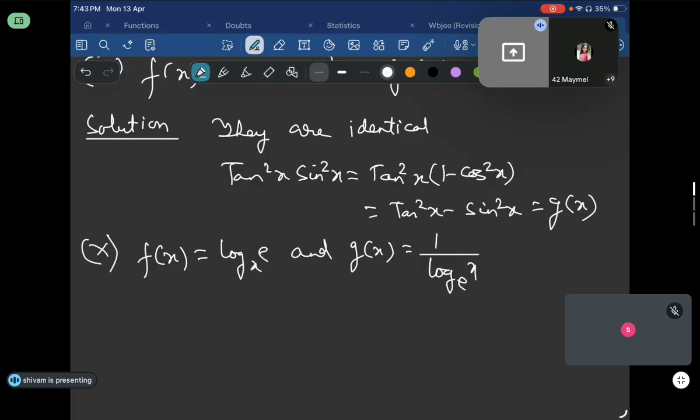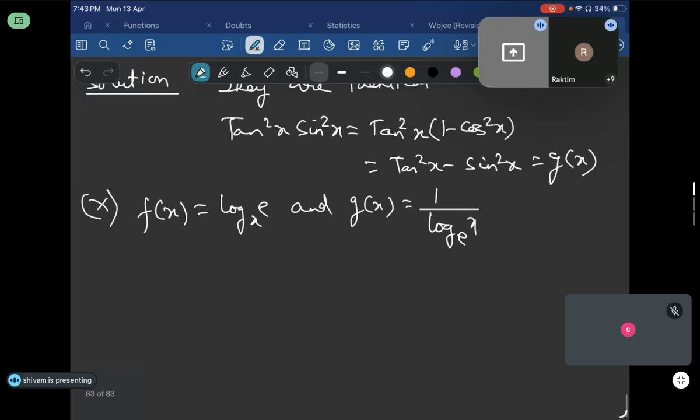Okay, who is raising the hand? Yes, Raktim, tell me. Yes, sir, they are identical.